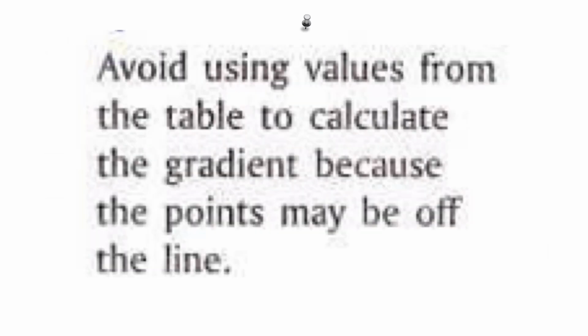Avoid using values from the table to calculate the gradient unless the point from the table is on the line. You cannot simply take the values from the table without checking whether the point is on the line or not, because some of the points may be off the line.